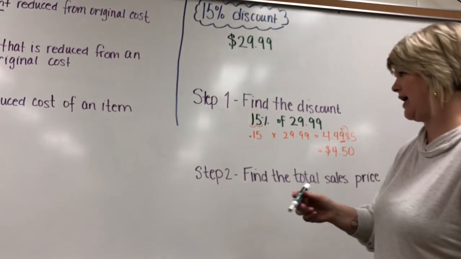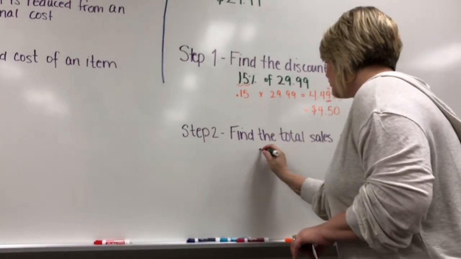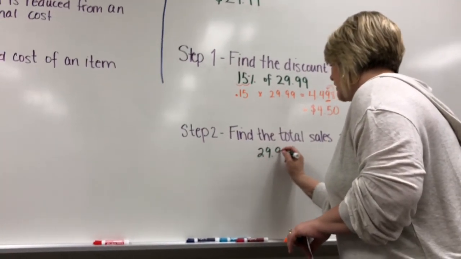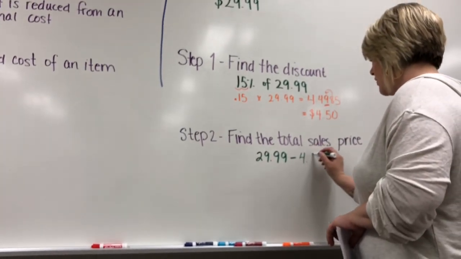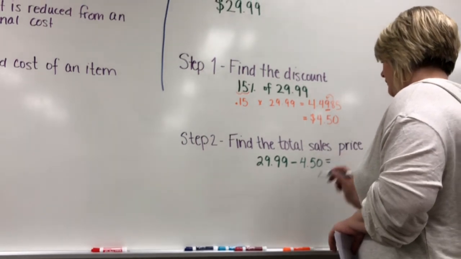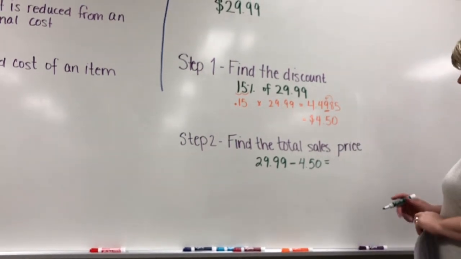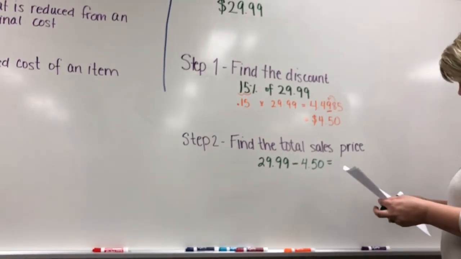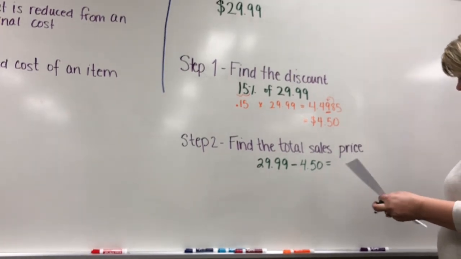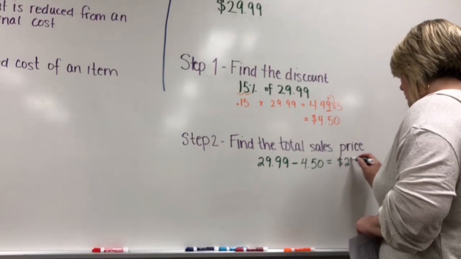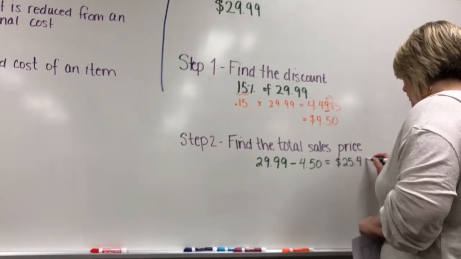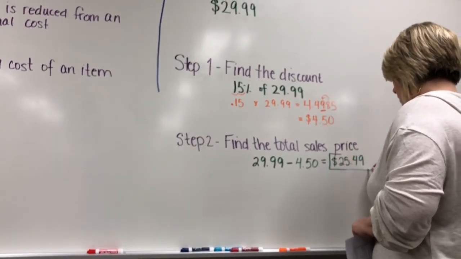It's taking away. So I have $29.99 minus $4.50. So that's going to give me $25.49 is what I'm going to pay so that my nephew Cohen can have a new video game.